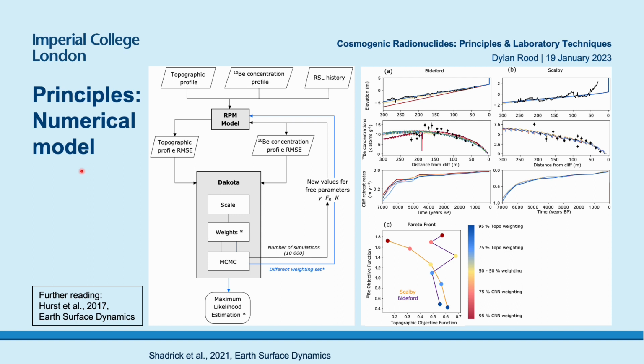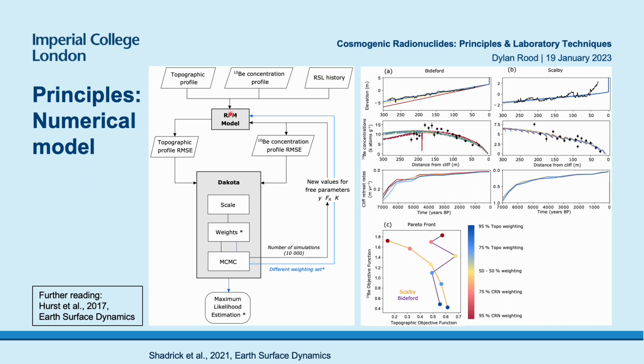However, what we've done now in the most up-to-date version of these numerical models is to couple a process-based coastal evolution model of Matsumoto et al. to a model of cosmogenic radionuclide production called RoboCop that Martin Hurst developed. And that coupled model basically has three inputs: that topographic profile that I mentioned, a beryllium-10 profile that I talked about, and then a relative sea level history.